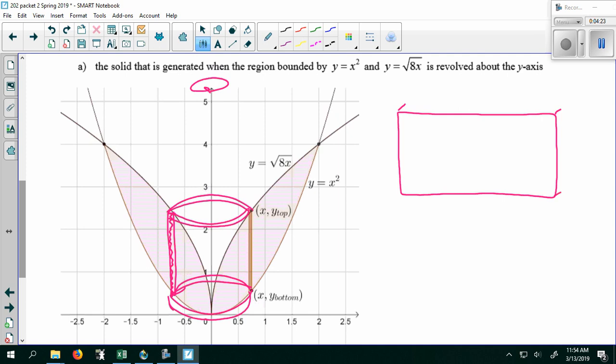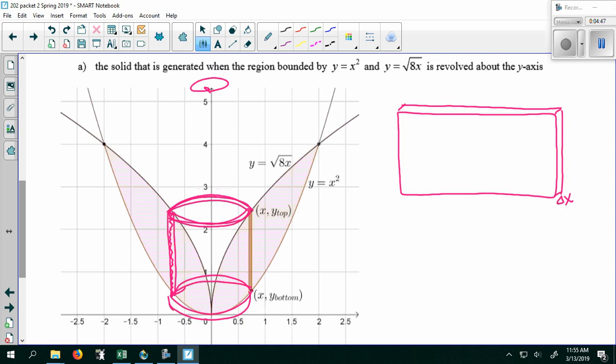Teeny amount of thickness. The thickness will be the thickness of the rectangle you drew, which is delta x. The length of the shoebox is the circumference of the cylinder. So when you unroll it, the length used to be the circumference, and now it's the length.